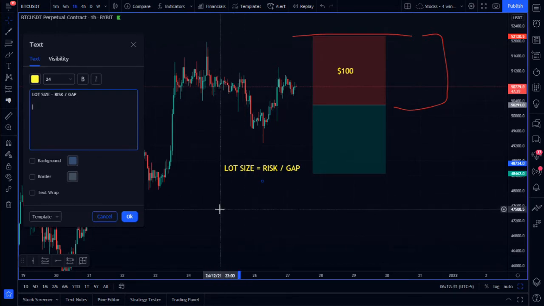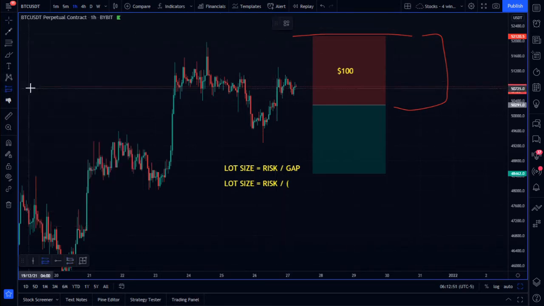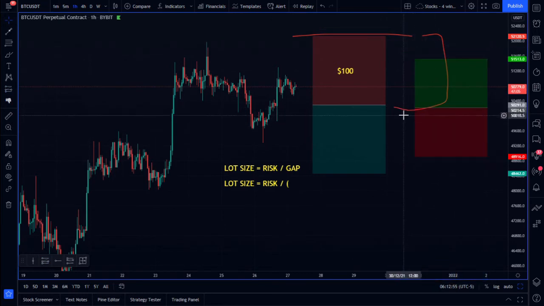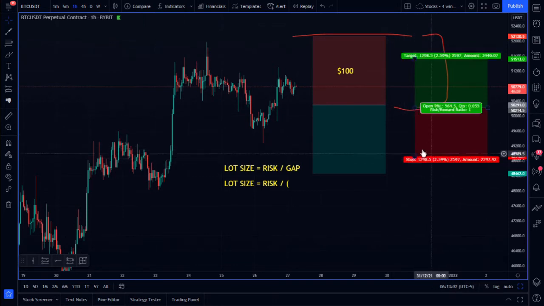So in this case, let's continue with the formula. Lot size equals risk divided by... Now before, when we had this situation where we were going up, we did entry minus the lower value, which is the stop. Yep.